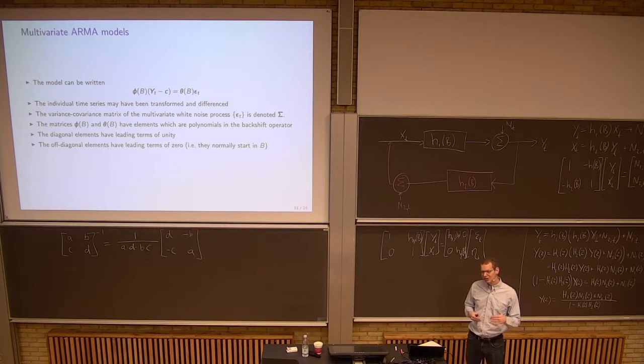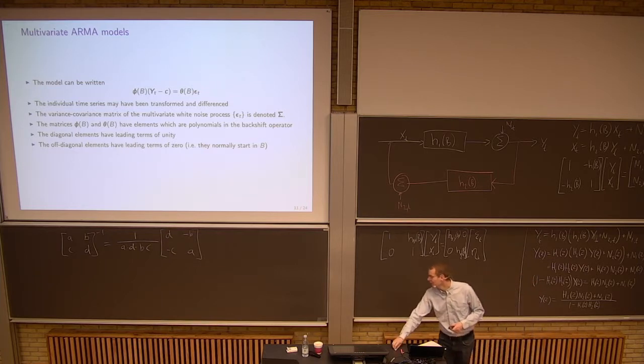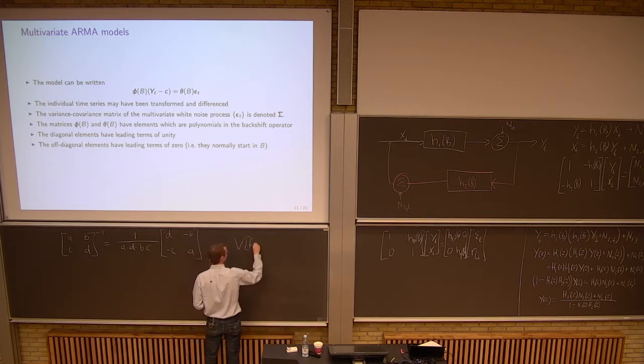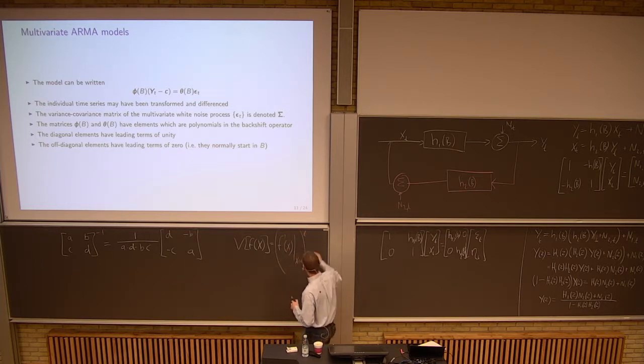If you have a relationship between the variance that you observe and the variance that you want, then you just have to do, as we discussed last time, the variance of a function of a random variable x, in a univariate sense, evaluated at x equals x, squared, times the variance of x.